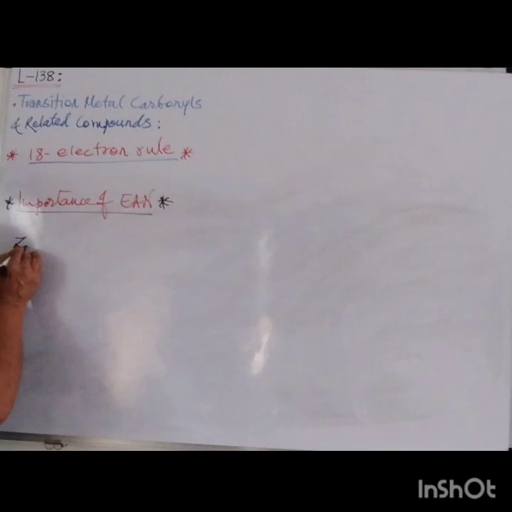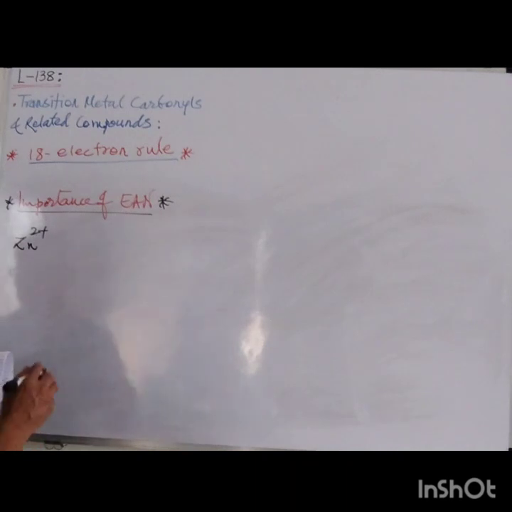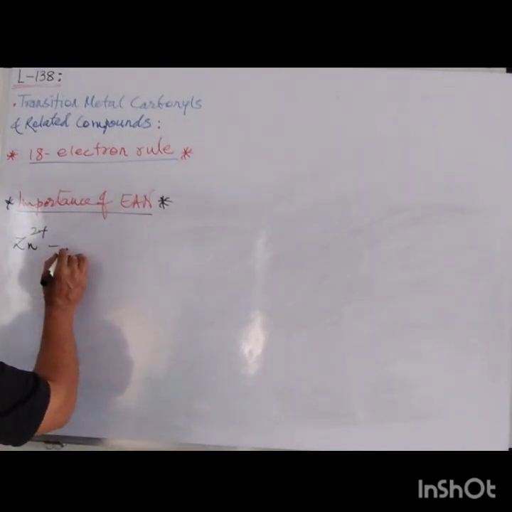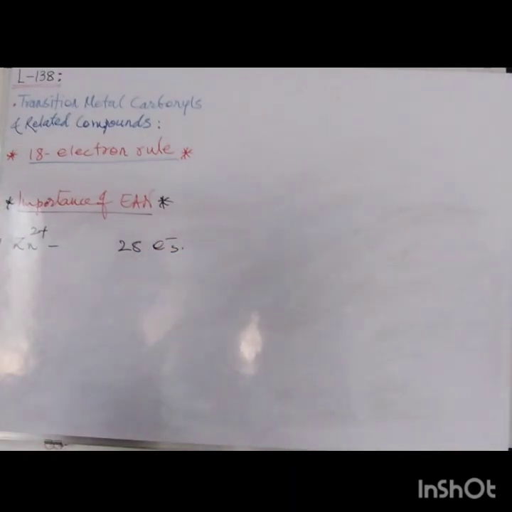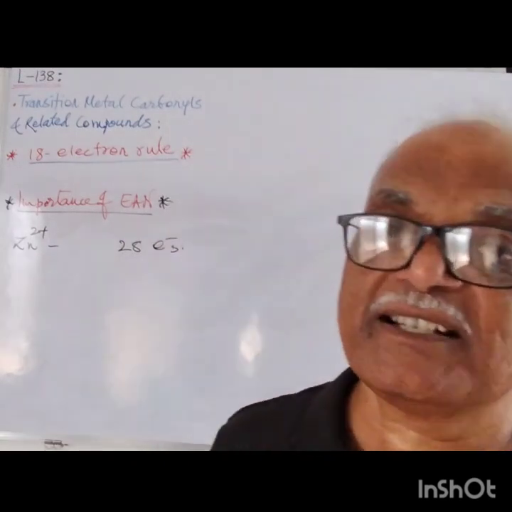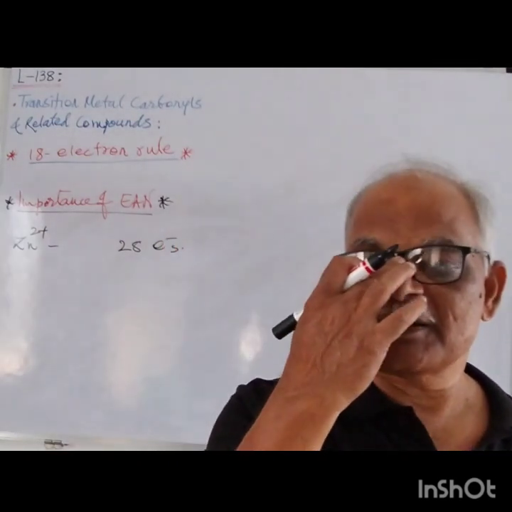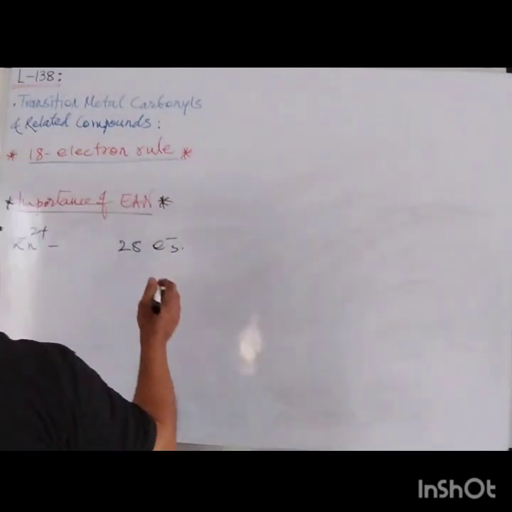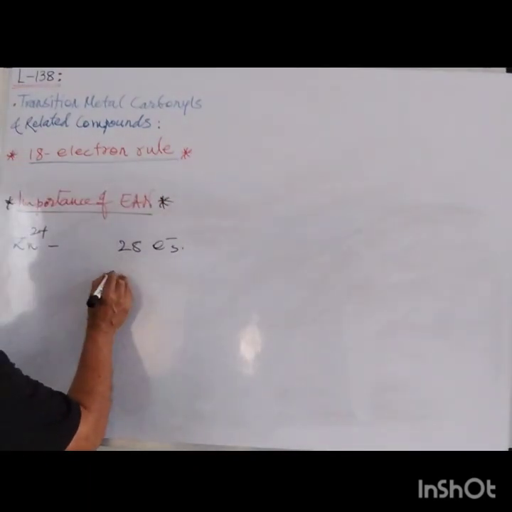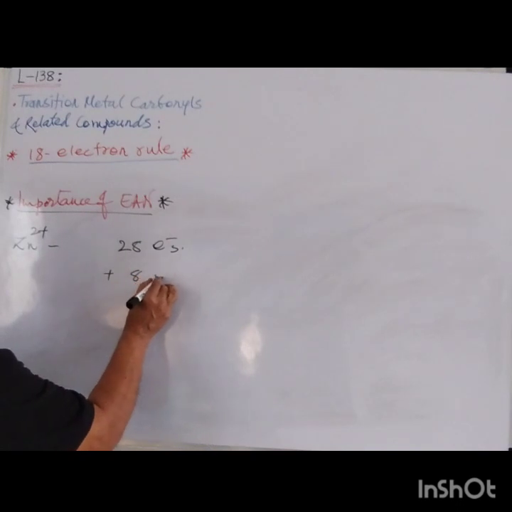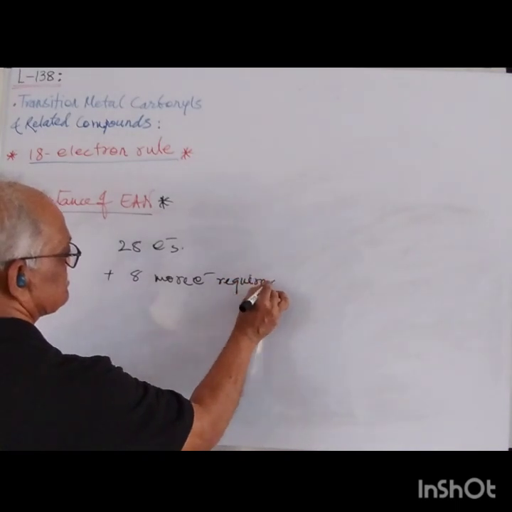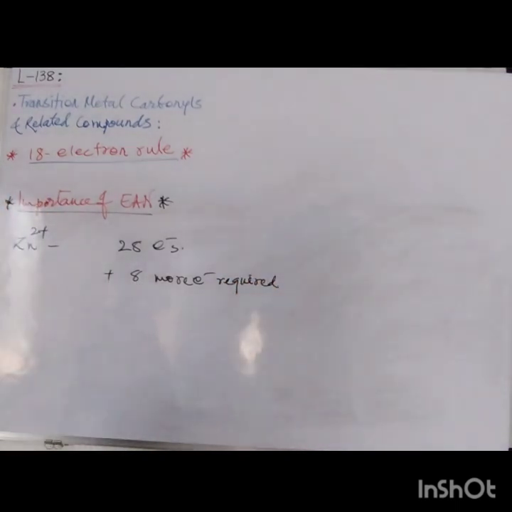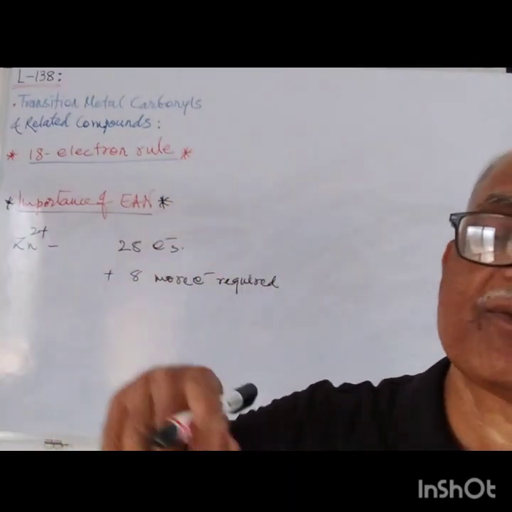So first of all, we will take this Zn2+. This Zn has 28 electrons, and in order to attain the nearest inert gas configuration, which is 36, it will require 8 more electrons. These 8 electrons can be obtained by combining the zinc 2+ with ligands.